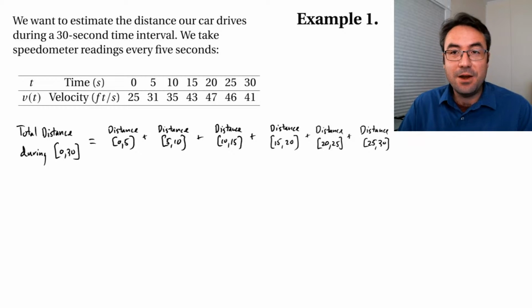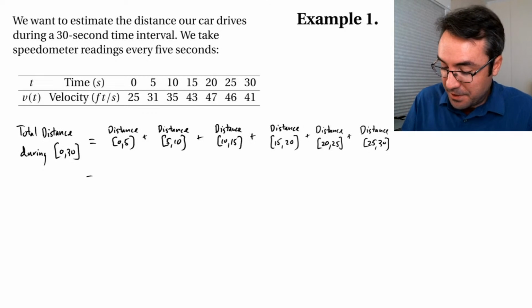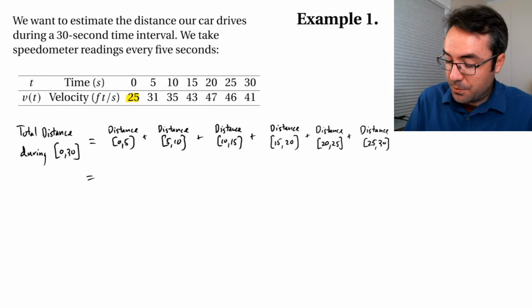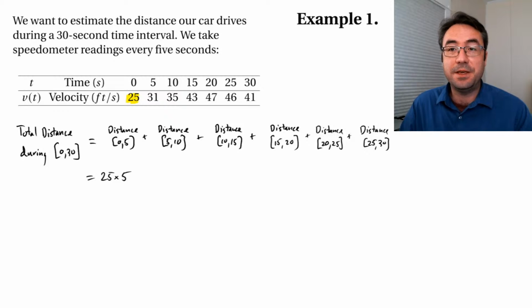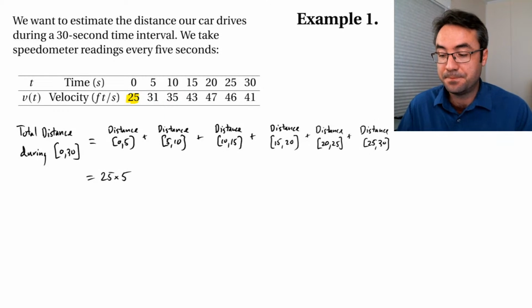All right, so how did we figure out the distance traveled during that first subinterval from 0 to 5? Well, we took the initial reading, which was 25, and we multiplied it by the length of the amount of time, the length of our subinterval, which was 5.